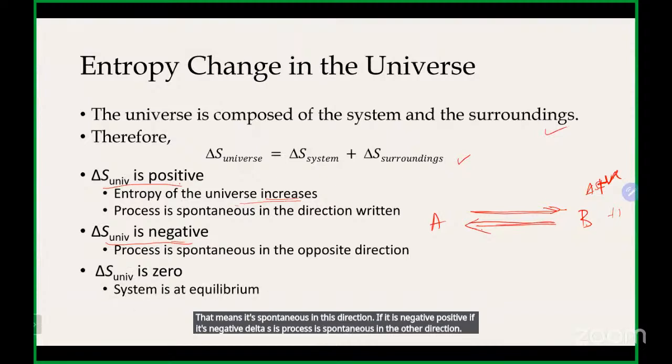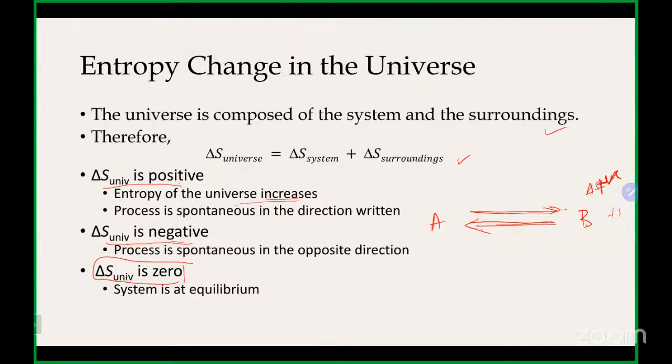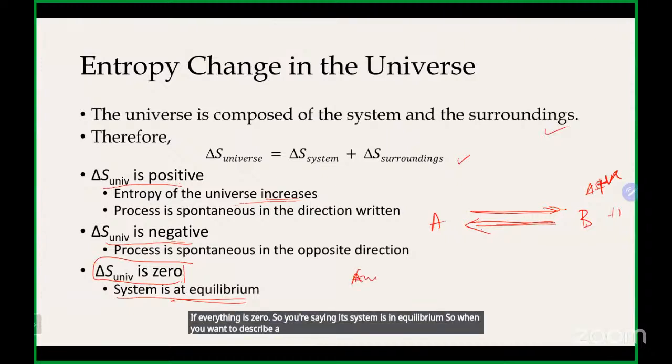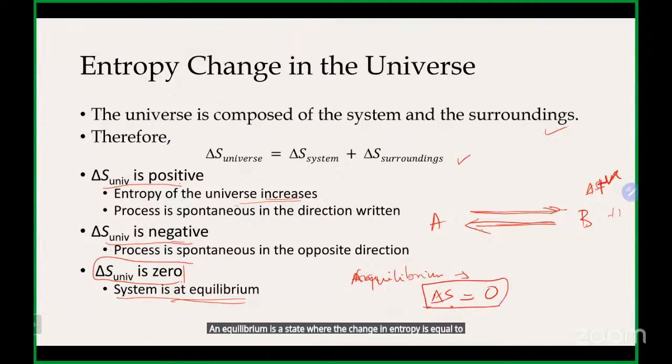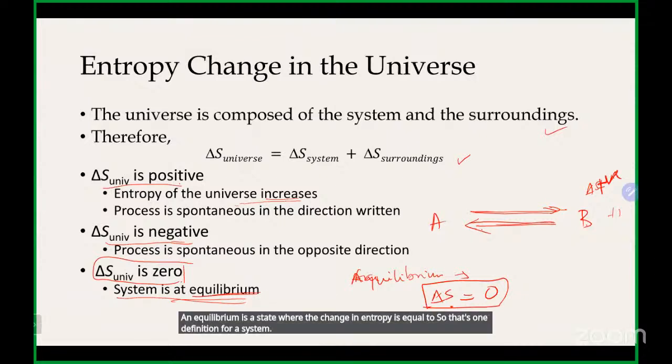If it is 0, then you're saying the system is in equilibrium. So when you want to describe a system in equilibrium with respect to entropy, an equilibrium is a state where the change in entropy is equal to 0. So that's one definition for a system in equilibrium.